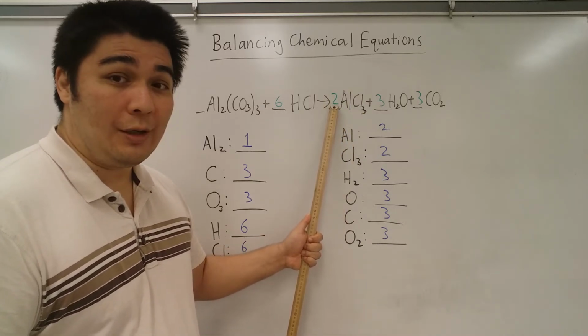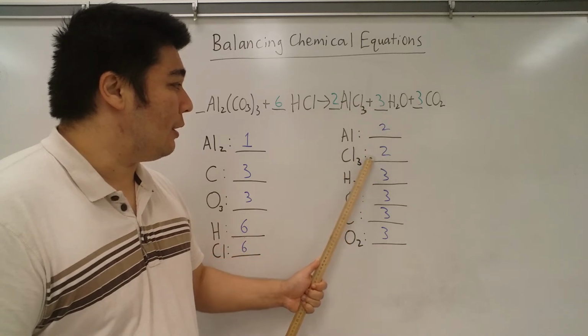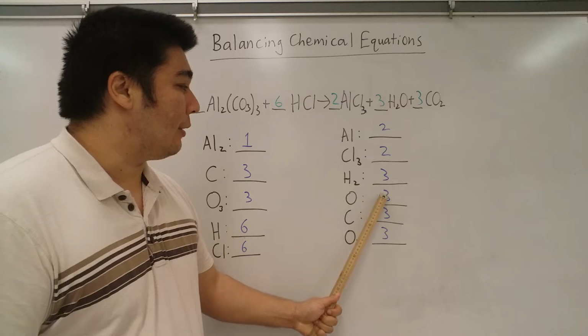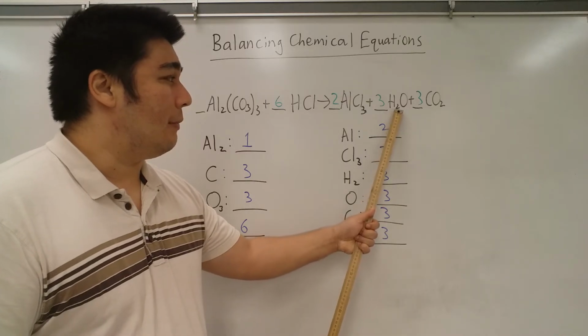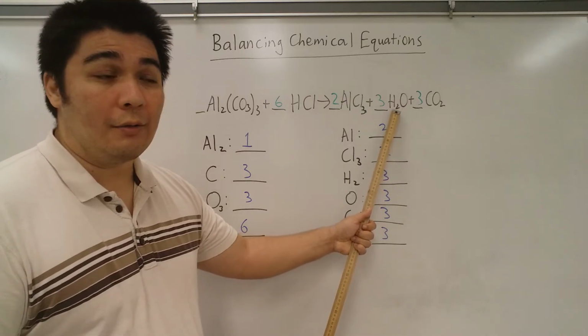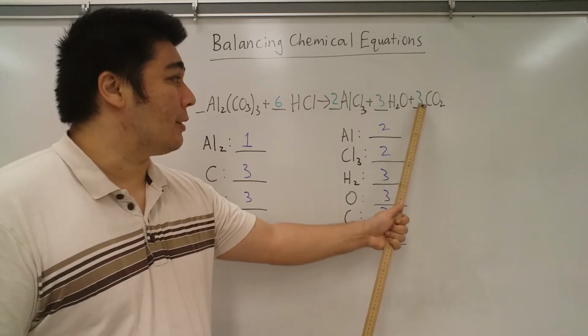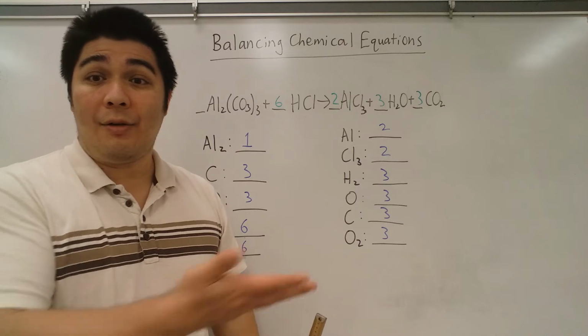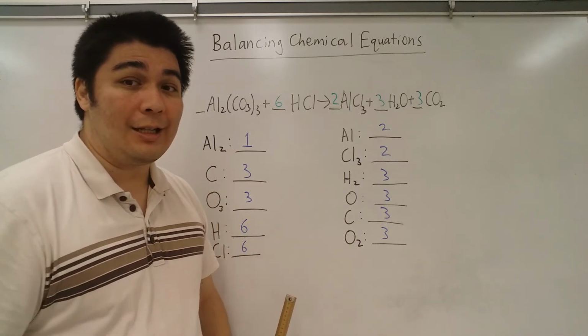I've got a 2 here, so I put a 2 here and a 2 here because that's aluminum chloride. I have a 3 here, so I'm going to put a 3 here and a 3 here because that's water. And then a 3 and a 3 because there's a 3 right here for carbon dioxide. After that, I just have to do some multiplication and addition.